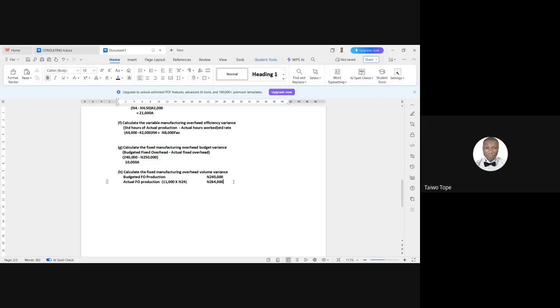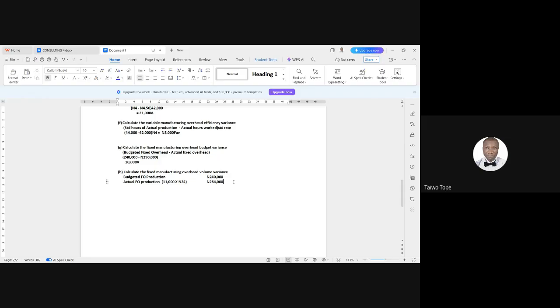So one thing with this aspect of variance is, why do we have to calculate this fixed manufacturing overhead volume variance? What is the idea behind it? It will determine the interpretation of our answer. We must understand why we are computing it.